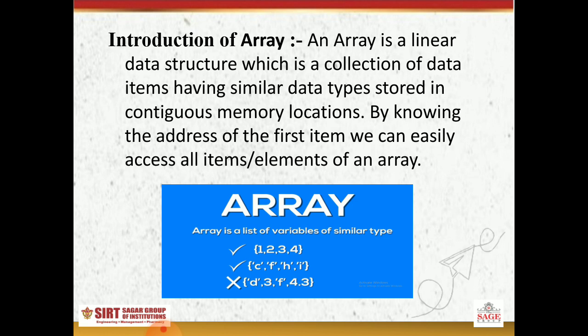For example, here 1, 2, 3, 4, that all are the integers. That means it is a group of similar type of data. So we call it an integer type of array.